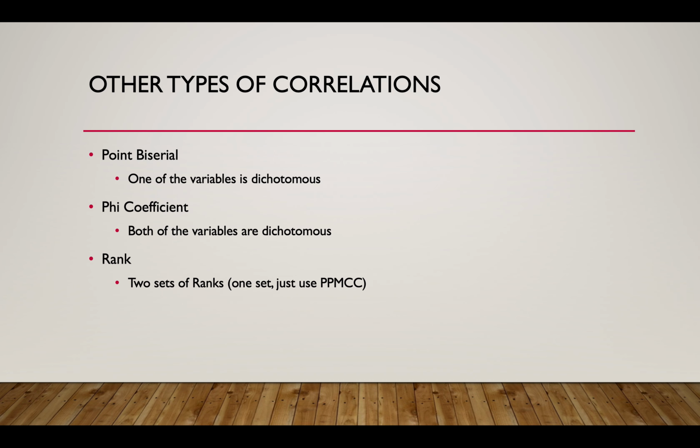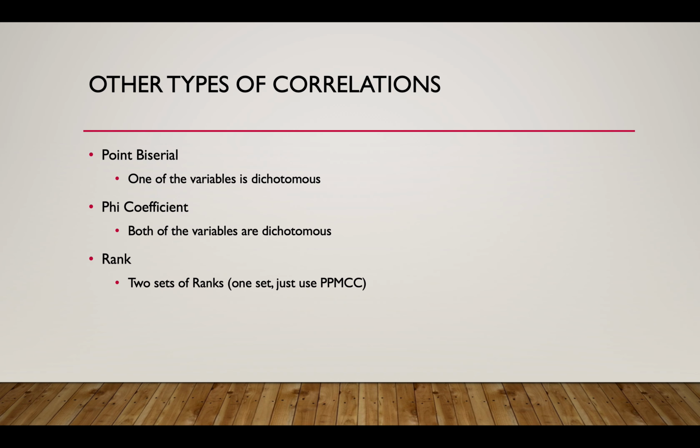If you have one continuous variable and one dichotomous variable, you can use the point biserial correlation coefficient. In addition, with a continuous variable and a dichotomous variable, if you do not want to do a correlation, we'll do this in class also, but the correlation between the two and a t-test or ANOVA using the dichotomous variable will produce the exact same result.